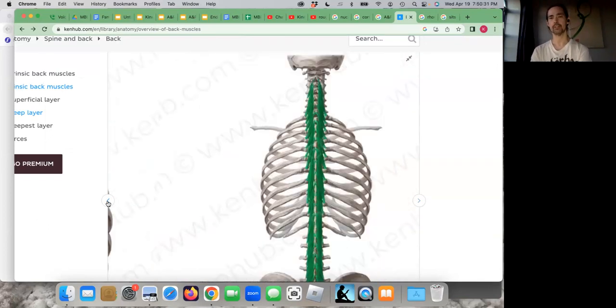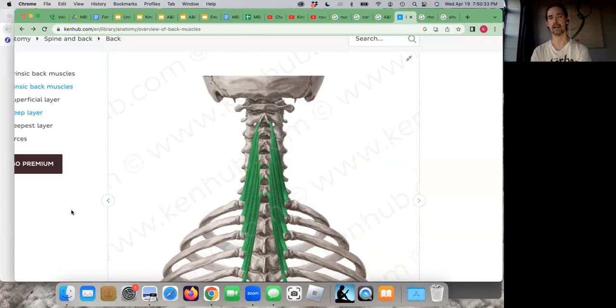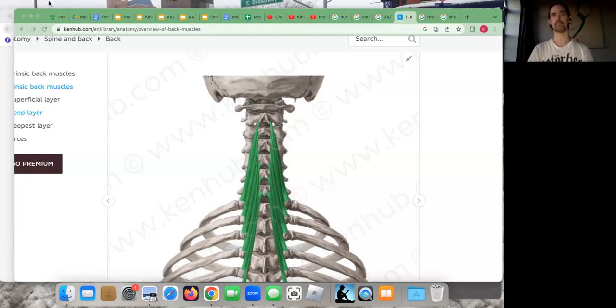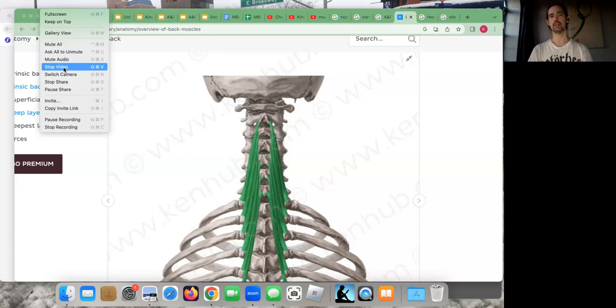So the function of most of the muscles of the back is extension if you contract them bilaterally. You guys really got to put your thinking caps on here and also do a little movement. Most of the muscles, if you contract them bilaterally, will extend the spine, right? Extension is this way. So the capitis muscles would do this, the cervicis muscles would do this, the thoracic muscles would do this.